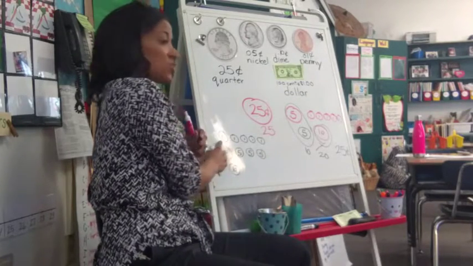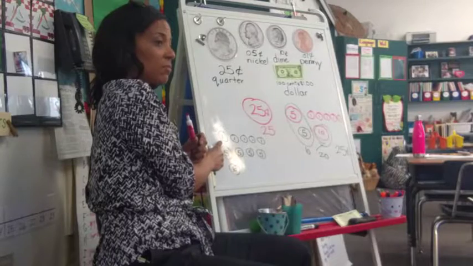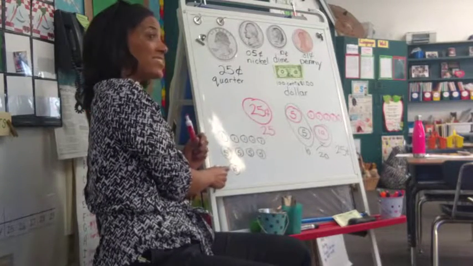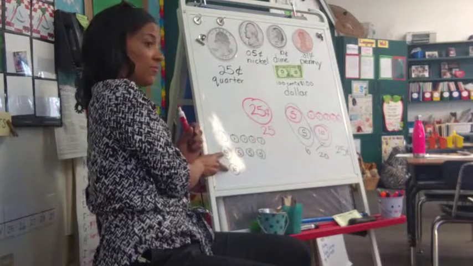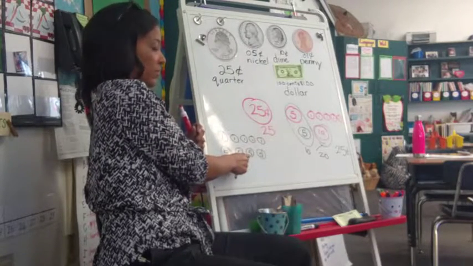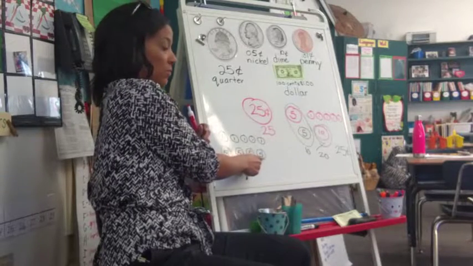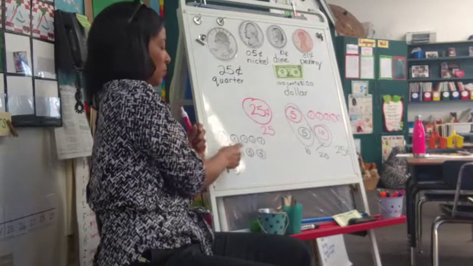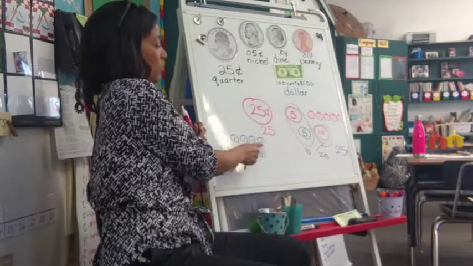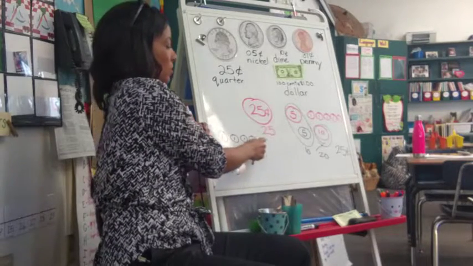Is 30 plus 1 going to give us 35? No, 31. Well, so let's start over again. You ready? Here we go. 10, 15, 20, 25, 30, 31, 32, 33, 34, 35.